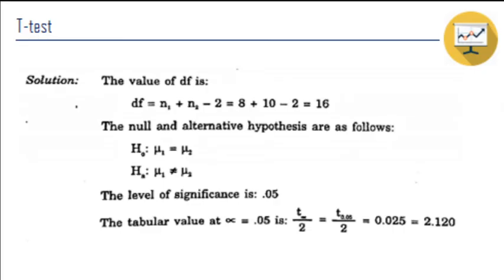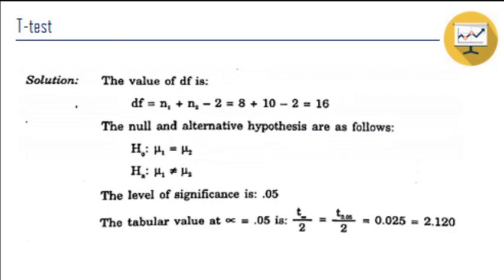That is given. The tabular value at significance level of 0.05 is T alpha all over 2, T.05 all over 2. Kailangan nating i-divide ng 2, my dear students, kasi ang pinag-uusapan natin dito is two-tailed test.